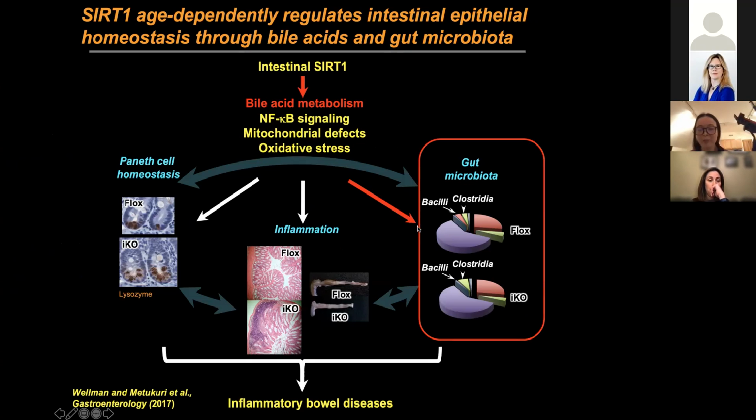What we were able to figure out is that the gut microbiota defect is because of bile-acid. Remember, I showed you that when we delete SIRT1 in the small intestine, they have a problem reabsorbing bile-acid because their signaling pathway is defective. This ends up with a high bile-acid level in their colon because they cannot absorb it, and all this bile-acid now gets lost to the colon and affects the bacteria.